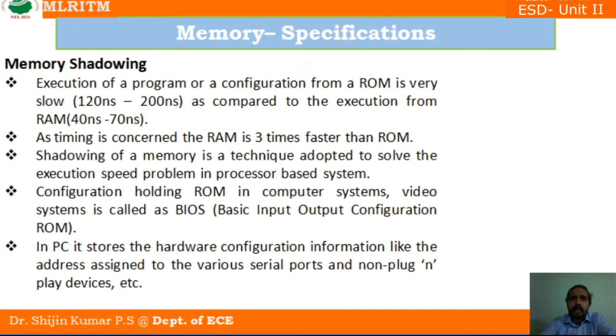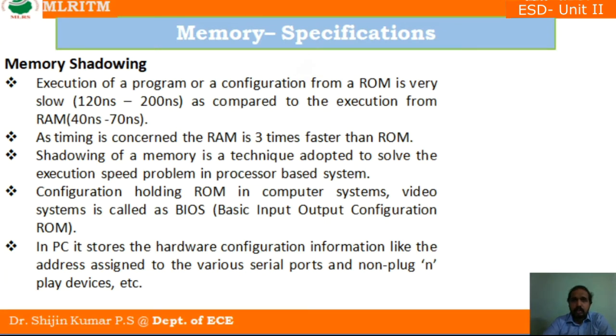Another thing is that the execution speed of this ROM is always slow. It requires 120 nanoseconds to 200 nanoseconds. If you are using RAM, this will reduce to 40 nanoseconds to 70 nanoseconds. That means the speed is increased.